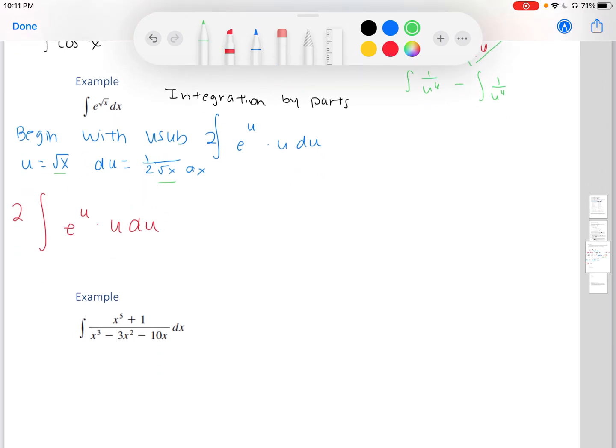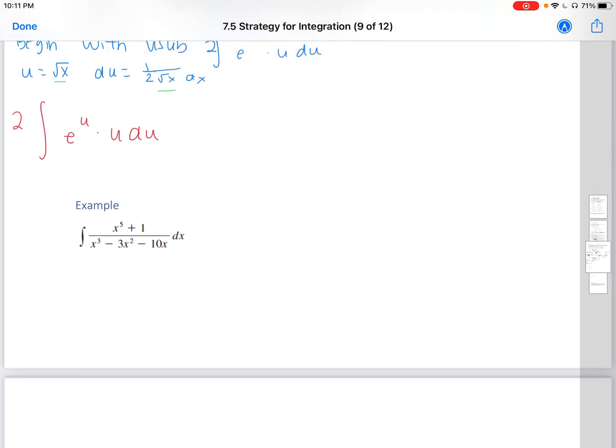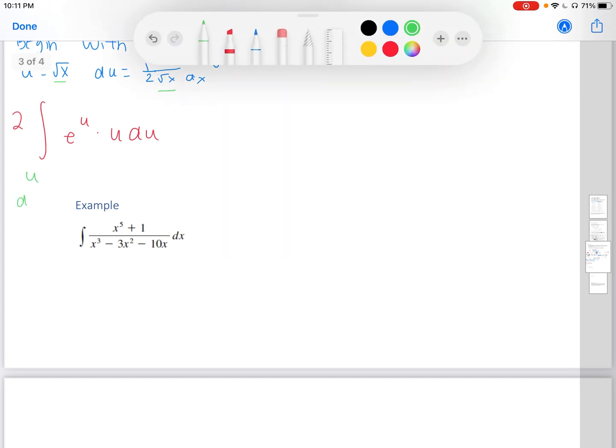And by doing so, we're left with u, our derivative, our u prime, is 1. And therefore, our v will be e to the u, so that v is e to the u.